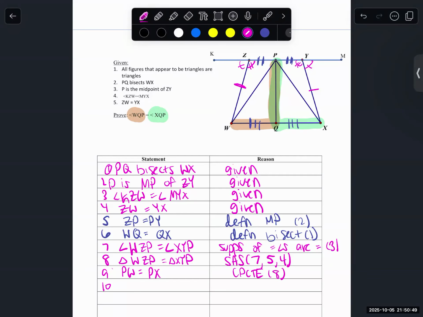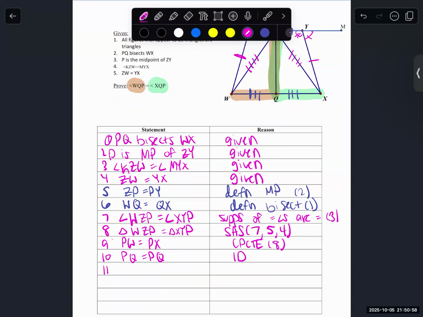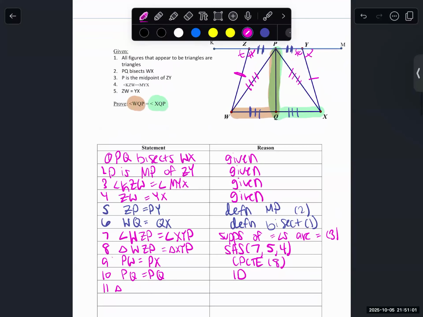Then I'm going to say that PQ is equal to PQ, and therefore triangle PQW is equal to PQX, SSS, lines 9, 10, and 6, and therefore exactly what we want. Angle WQP is equal to angle XQP by CPCTE.